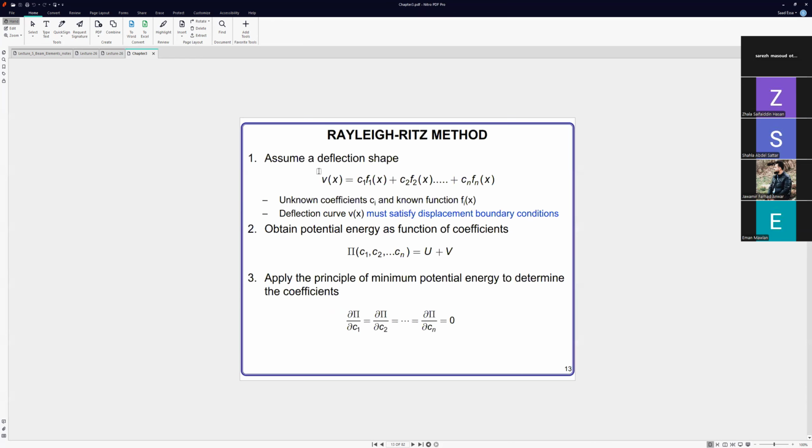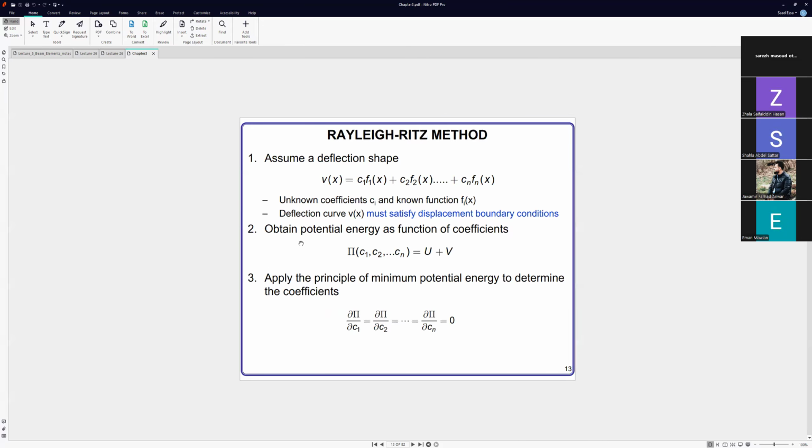Assume the deflection shape v equal to C1 f1 plus C2 f2 plus and so on to Cn fn. So the unknown coefficients are the constants Ci, C1, C2, and the functions are fi. The deflection curve v of x must satisfy the displacement boundary conditions.